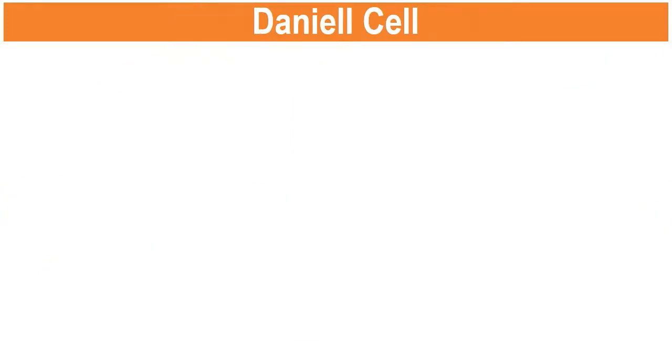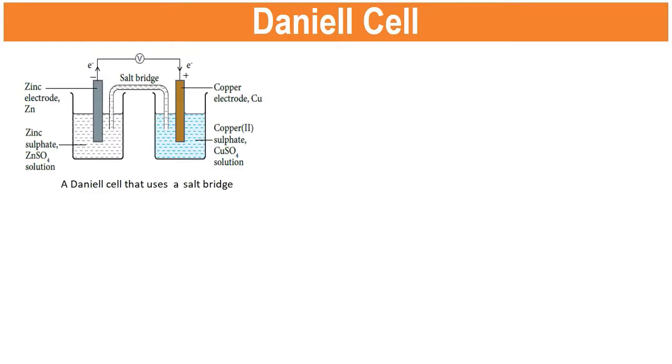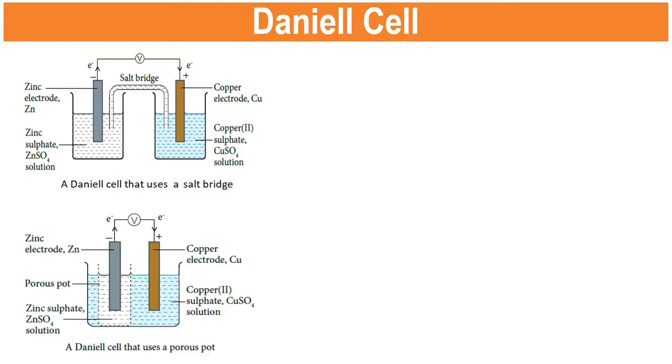Now, is the reaction in the simple cell the same as in the Daniell cell? Let us look at the apparatus set up in the Daniell cell. Daniell cell has two types of cells. The first one uses one beaker and a porous pot, like this one.